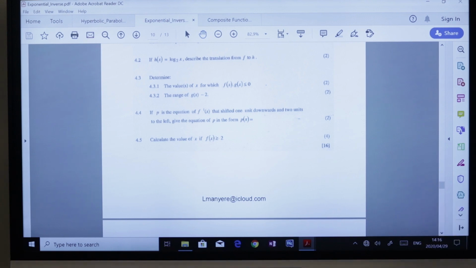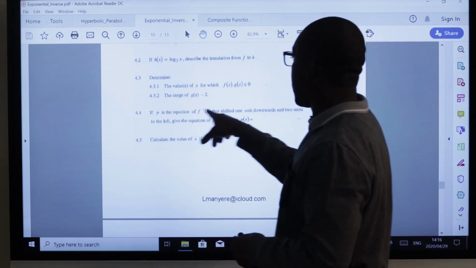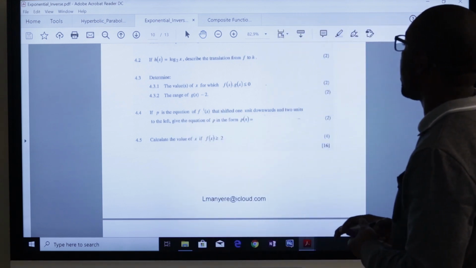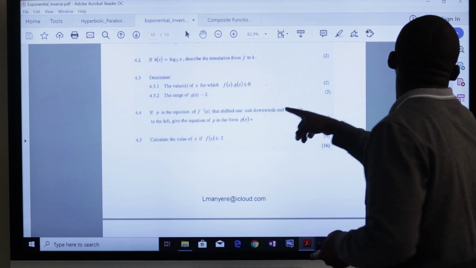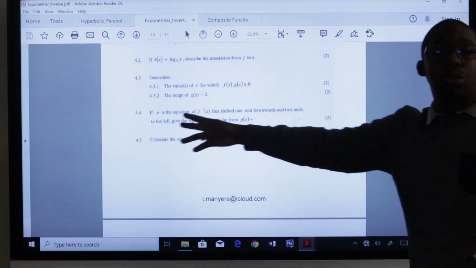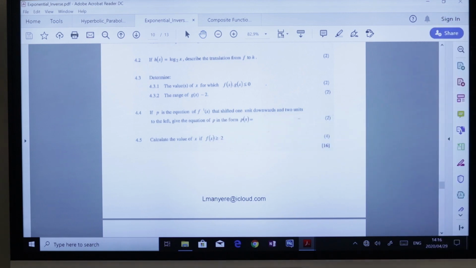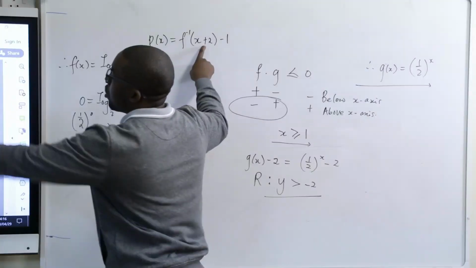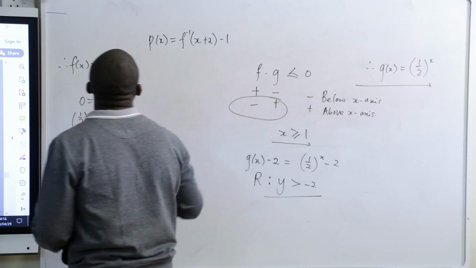So that's x plus 2 minus 1. This is 1 unit downwards and shifted 2 units to the left. Plus means you're going leftwards by 2 units.